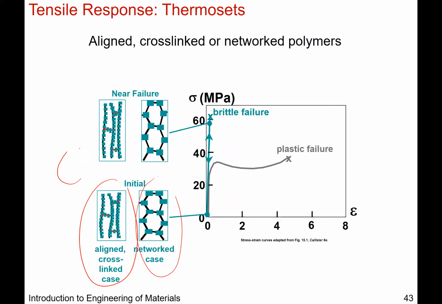You can see that there's some elongation, so these bonds look a little bit longer, but that's about it. The chains are elongated, but they fail pretty quickly, though their strength is much higher than that of, let's say, a thermoplastic over here. So these materials are really designed to be high strength, but cannot withstand a lot of strain.